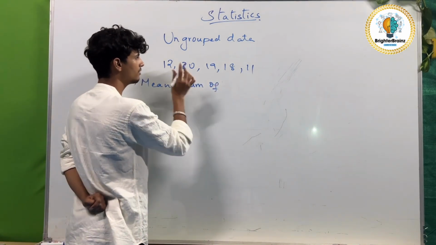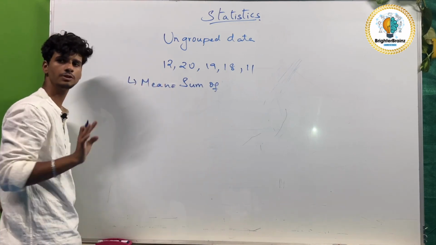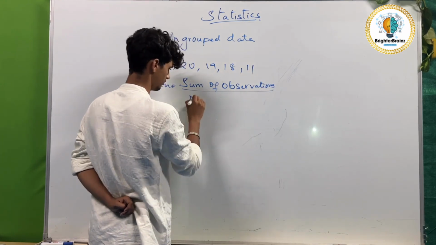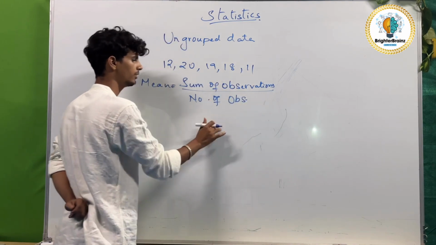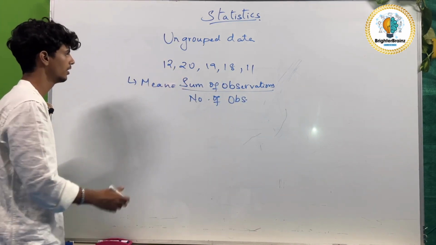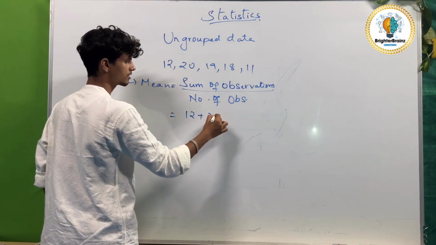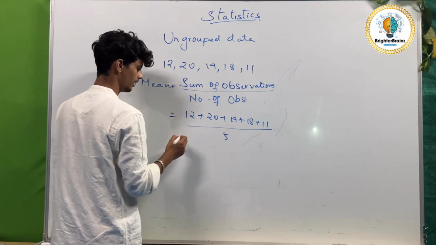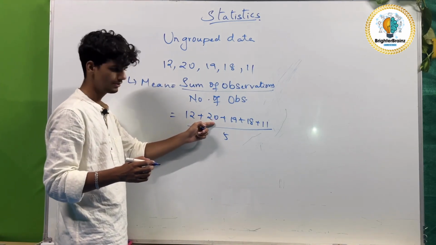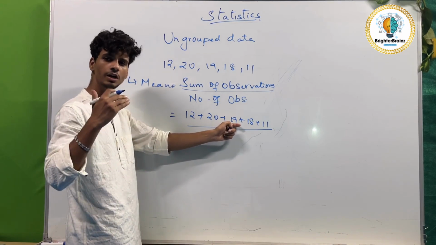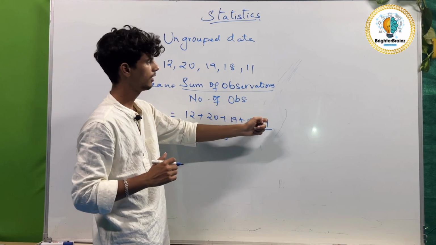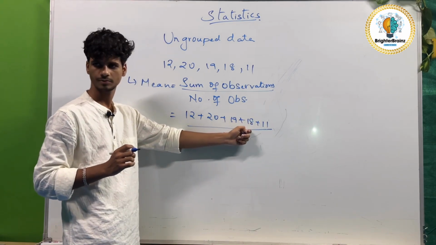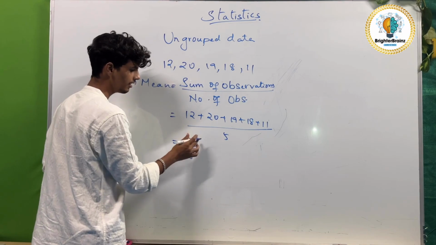Each individual value is called an observation. So the observations here are 12 plus 20 plus 19 plus 18 plus 11, whole divided by the number of observations, which is 5. Adding: 12 plus 20 is 32, 32 plus 19 is 51, 51 plus 11 is 62, 62 plus 18 is 80. That is 80 divided by 5.